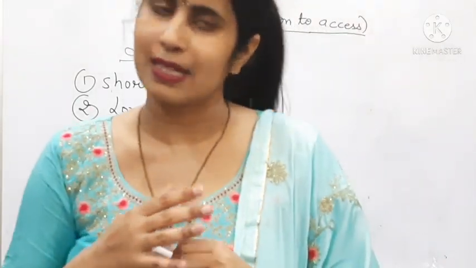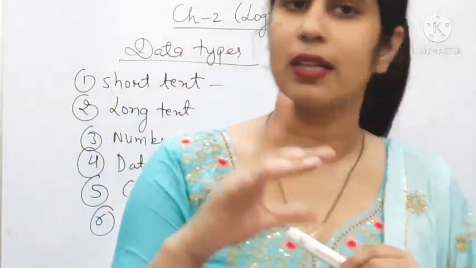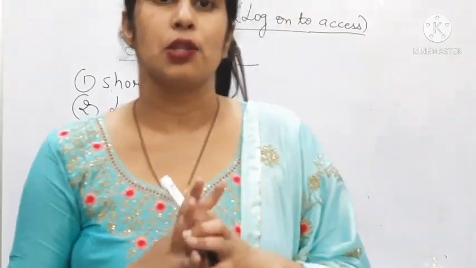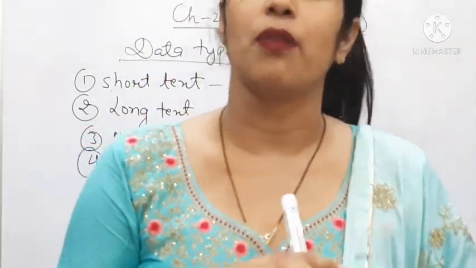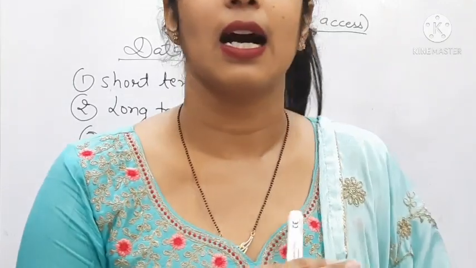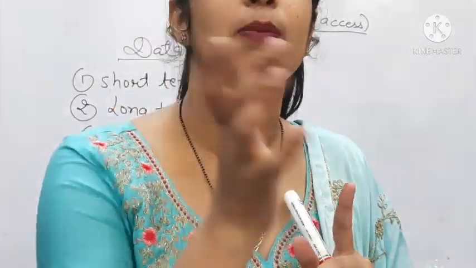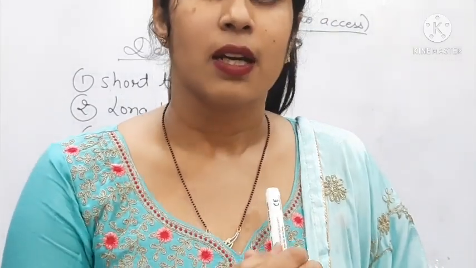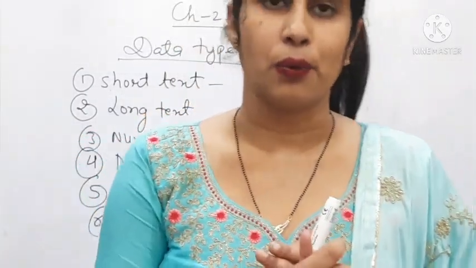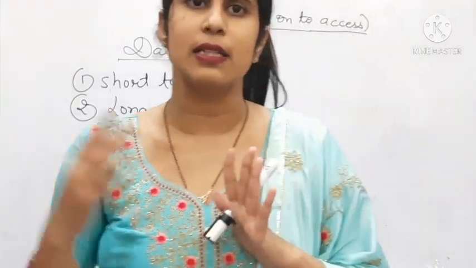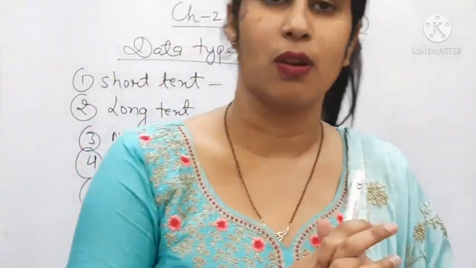Short text means these are the letters only, characters only. Short means they are small. Short text is used to define the type of the field. It includes text as well as numbers, but they are small. Like name. Can the name be of 10 lines? No, it will be small only. Can the phone number be of 50 digits? No, it will be up to 10 digits only.